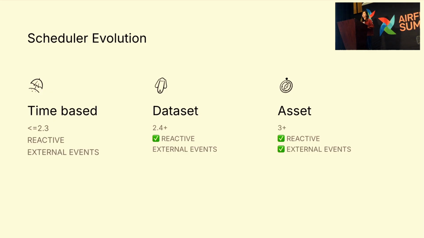I would say that you should choose time-based scheduling when your job is really periodic and doesn't depend on external data. For example, we have a job that runs quarterly to compile the tax statement. In that case, it doesn't really make sense to use the other two, and time-based scheduling makes the most sense.